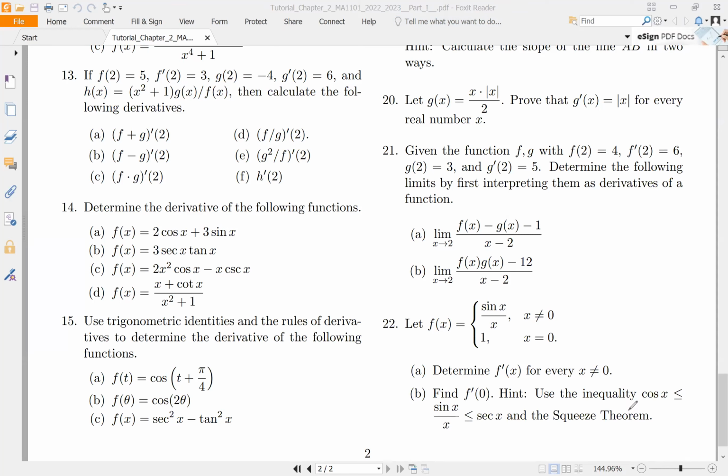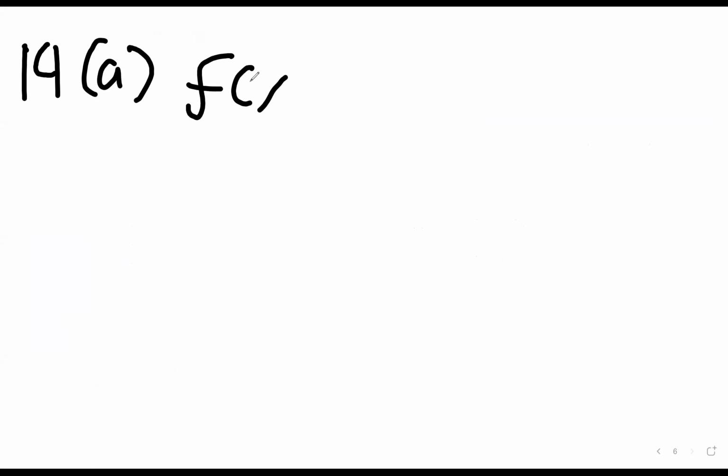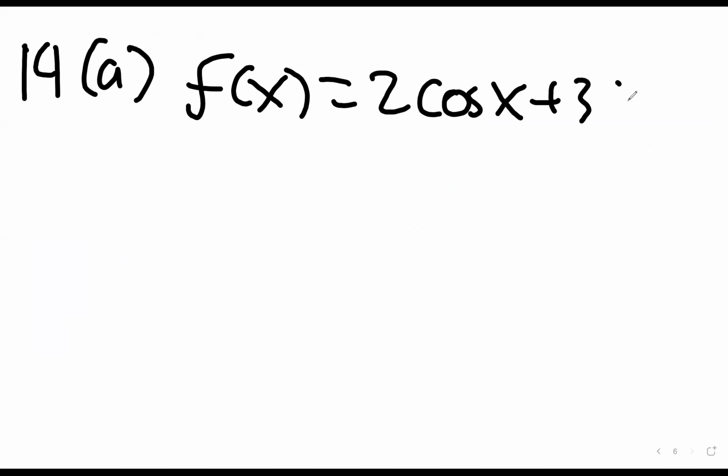In 14a, the question is to find the derivative of the given function f of x, which is 2 cosine x plus 3 sine x. And this is easy because we just apply the derivative of cosine of x and sine of x, and also the linearity property of the derivative.